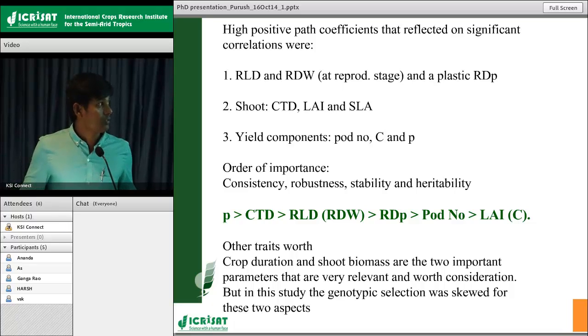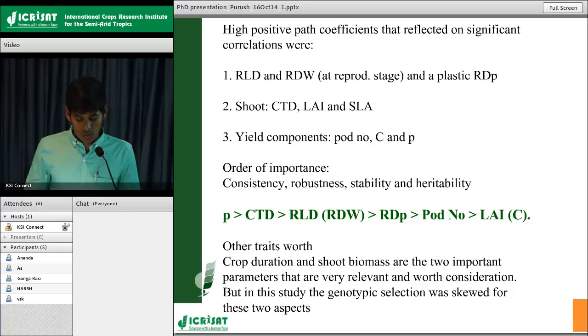In worst come worst, we can consider RDW for root strength and also for rooting depth. For yield components, we can rely on pod number per area and leaf area index. It also reflects in crop growth rate.